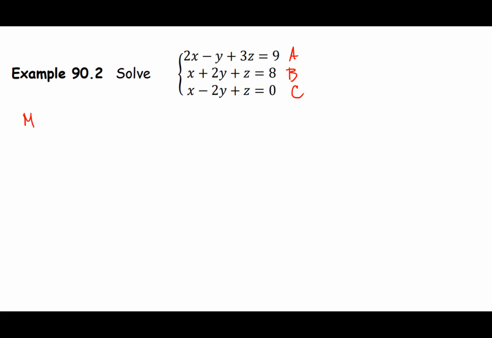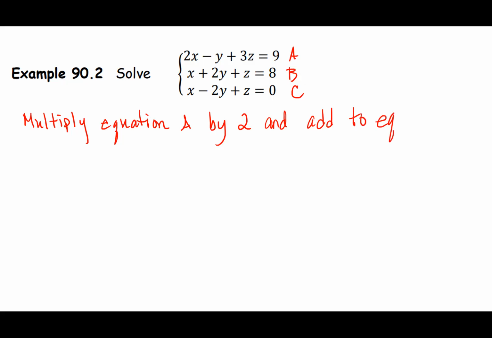All right, first thing we're going to do is multiply equation A by 2, and then we're going to add it to equation B. That will cancel the y's.